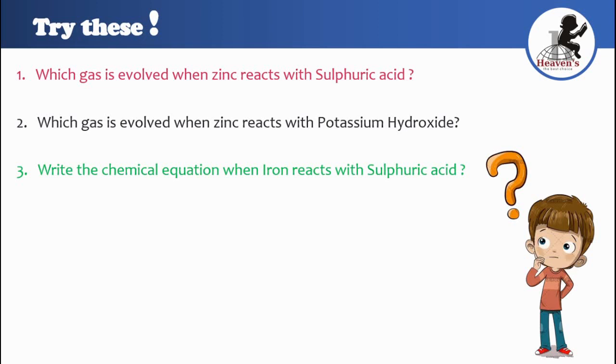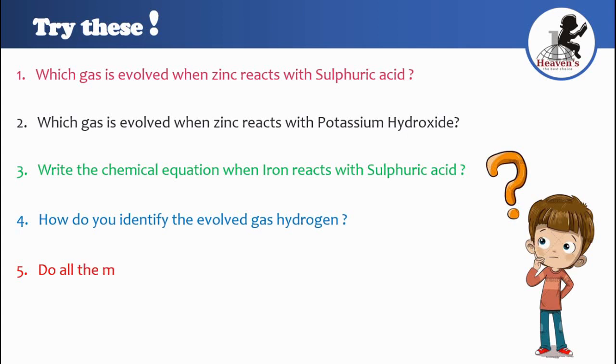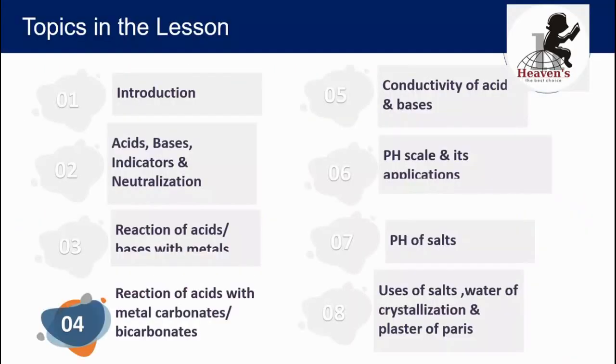Next one. How do you identify the evolved gas? Hydrogen. And fifth one is, do all the metals react with bases? All these questions can be answered by observing the above activity. Okay. Shall we go to the next activity?